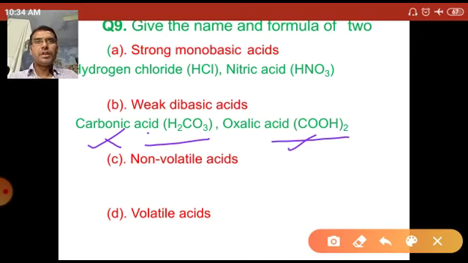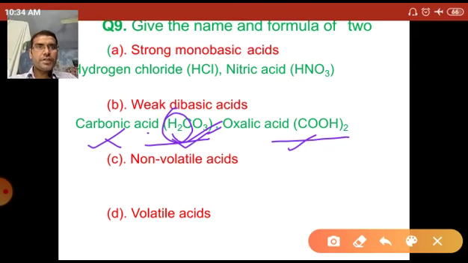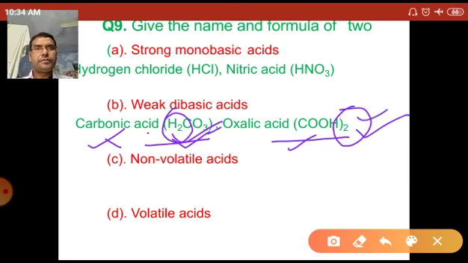Now the two hydrogens present in carbonic acid, they release the two hydrogens. One molecule of carbonic acid releases two hydrogens in its aqueous solution. Oxalic acid also, one molecule of oxalic acid releases two H3O plus ions in the water when dissolved.